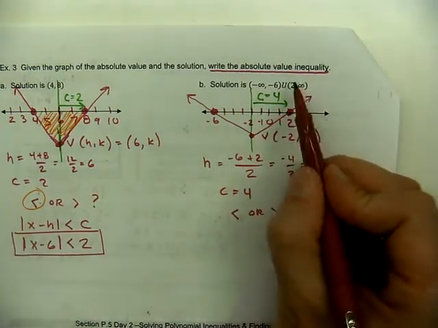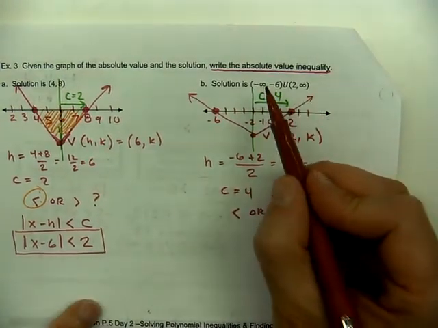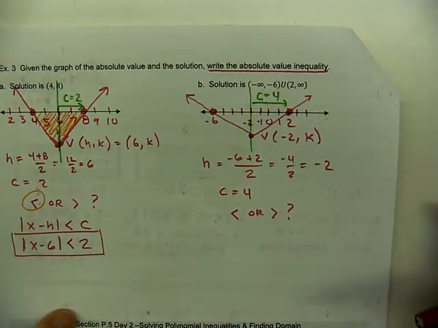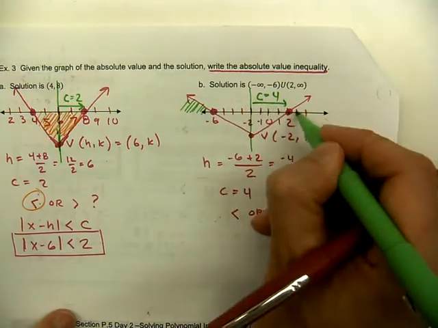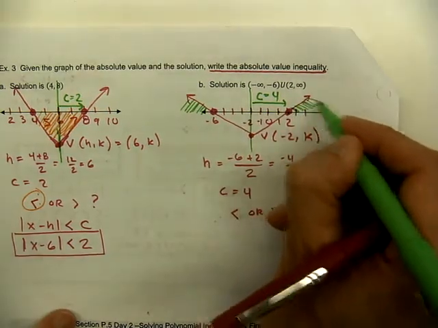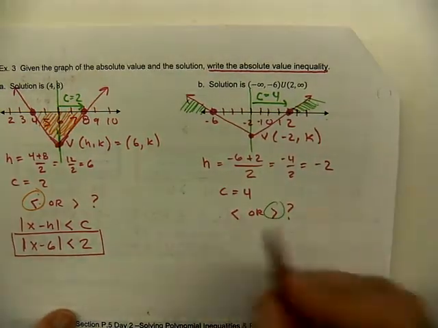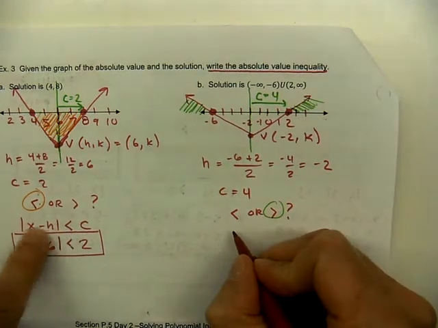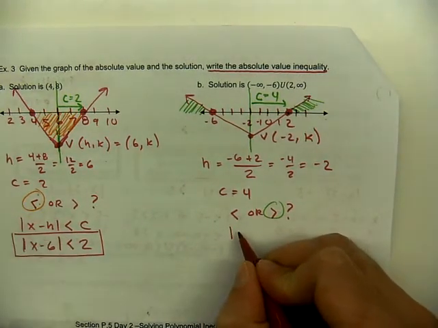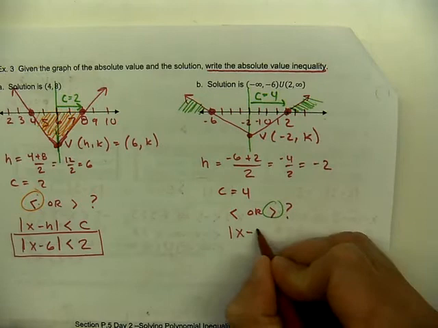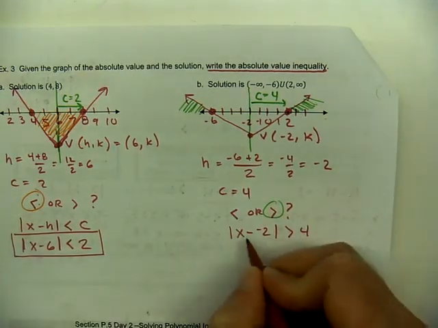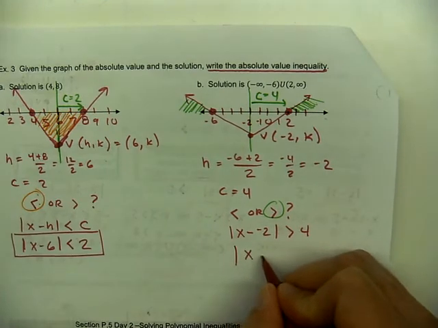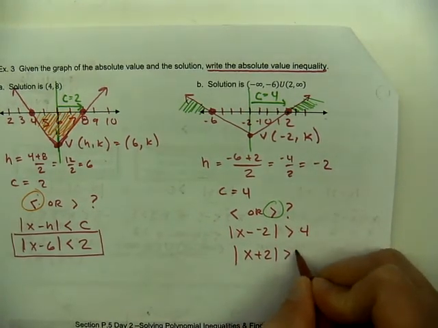There are two intervals, so we ask the question, would I find two intervals both above or both below the x-axis? And we find them here, above. So above means greater than. So the template that we're using over here, absolute value of x minus h, the h is a negative 2. That'll be greater than the value of c, which is 4. So just to clean that up, absolute value of x plus 2 greater than 4.